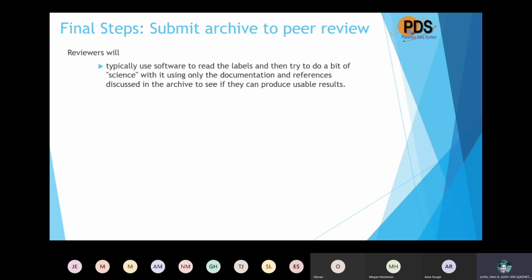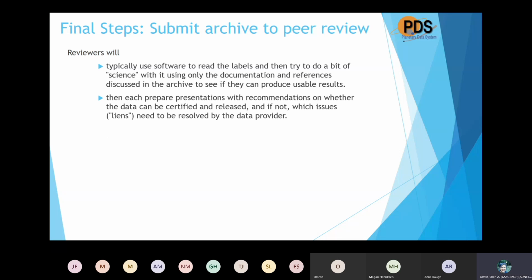So that's the goal. And then each of the reviewers will prepare presentations with recommendations on whether this data is usable. And if there are things that are missing, if there's documentation missing, or maybe some files weren't accounted for, then you'll get something called a lien, and that needs to be resolved by you.